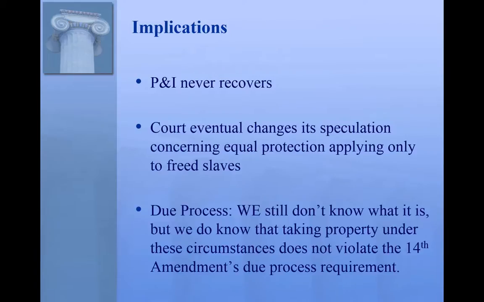And in terms of due process, we still don't know what it is. We don't have a definition. But we do know that taking property under these circumstances isn't a violation of due process. And that is the extent of what the court has to say about due process in this case. It doesn't give it a general definition. It limits its ruling to these specific circumstances.